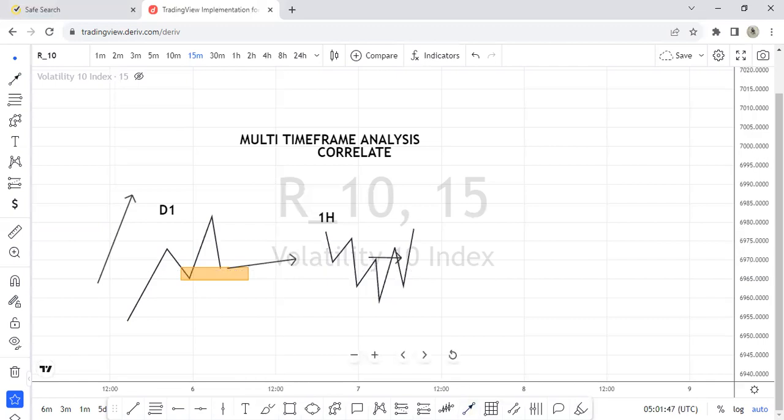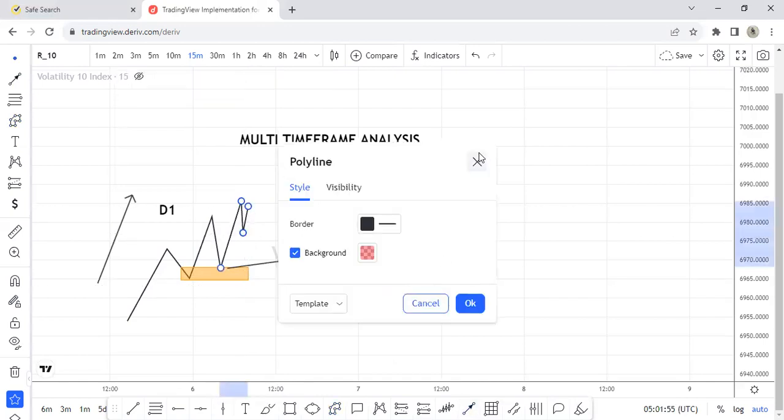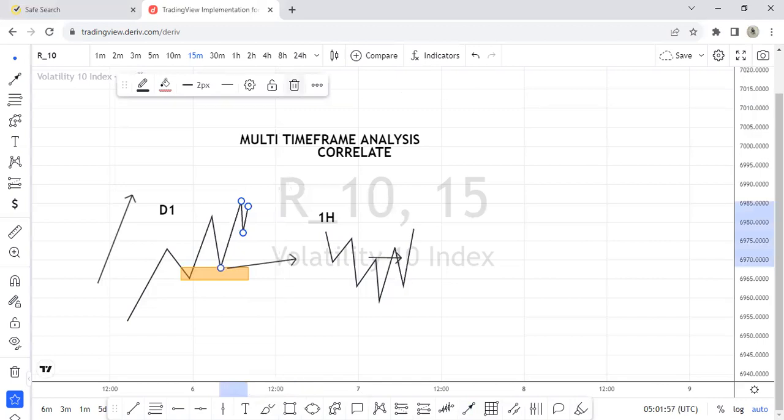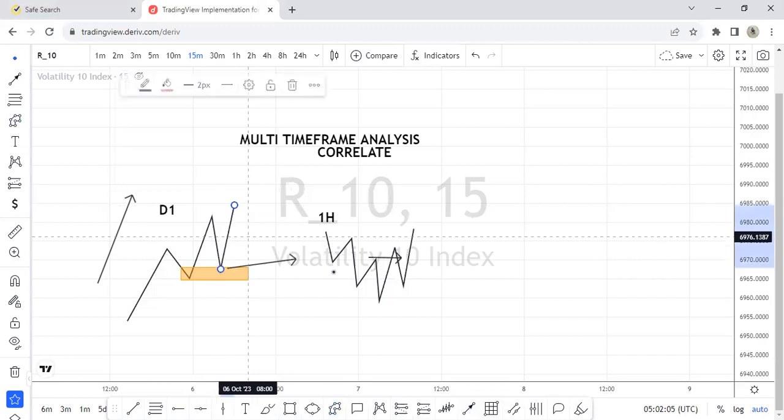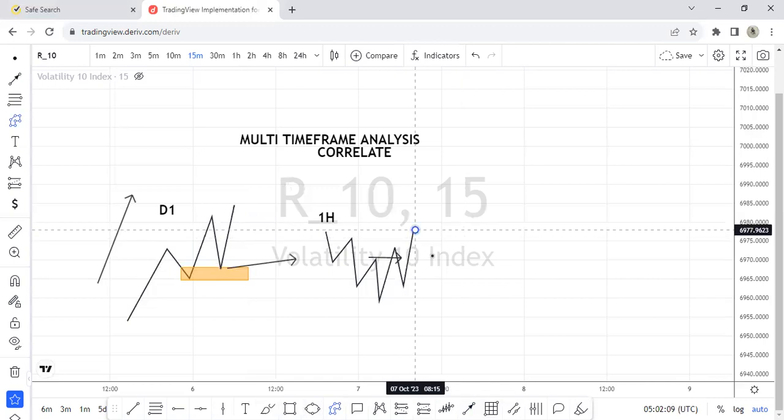And as the market is going higher, you are seeing that the daily is now similar to the 1 hour. So once the market breaks on the 1 hour, then you are anticipating bullish price action. You now want to see the 1 hour doing the same thing as the daily.